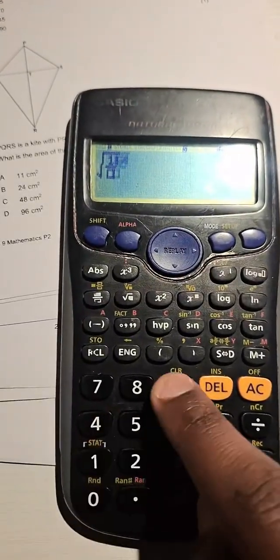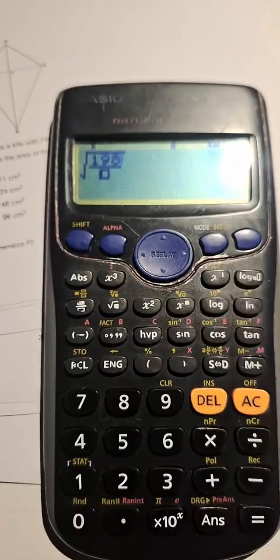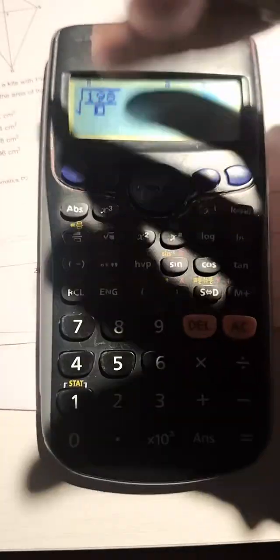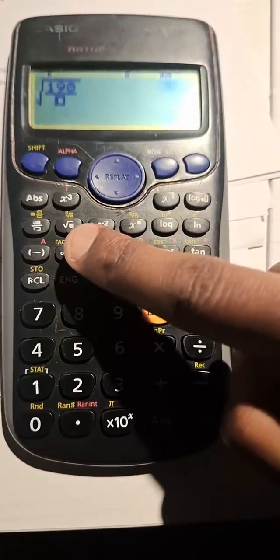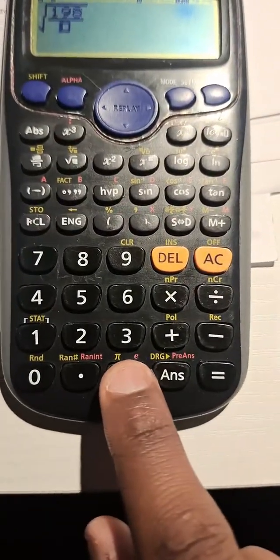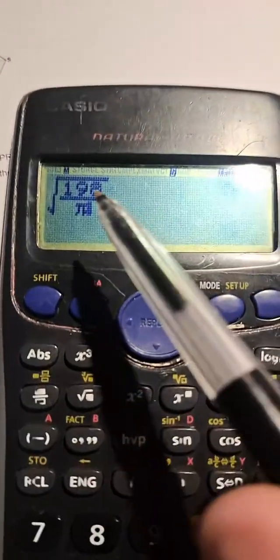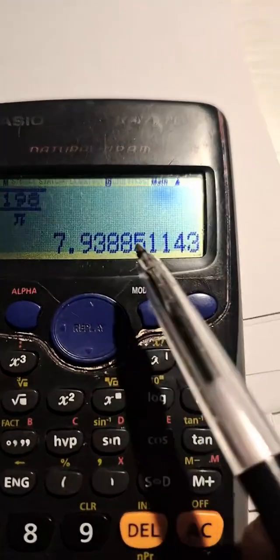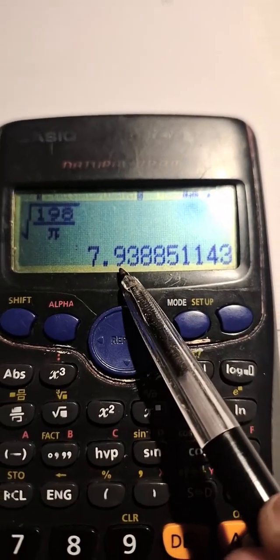So I'm going to say 198 over. Now I need to have pi at the bottom, so I go to my button that allows me to select all my yellow things. Shift, then this button, pi. So there it is, 198 over pi. Then I say equal. Voila.